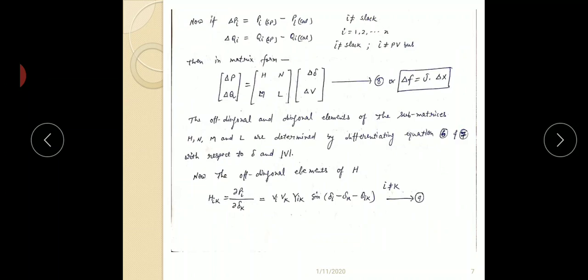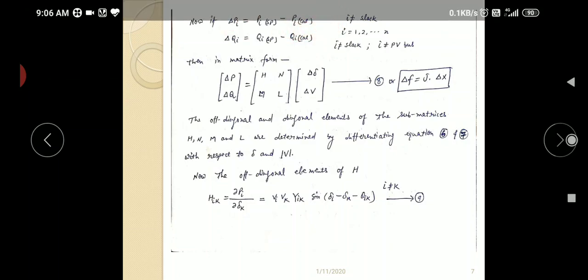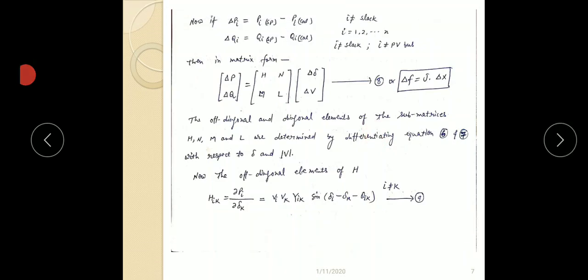Now delta Pi is equal to Pi specified minus Pi calculated. Here specified means the specified value, calculated means the calculated value. So delta Pi, the change in real power, is Pi specified minus Pi calculated, for i not equal to slack. In load flow analysis, we have slack bus, PQ bus, PV bus, right?